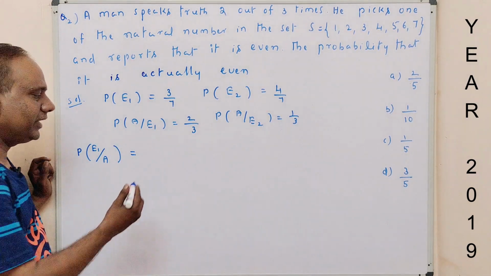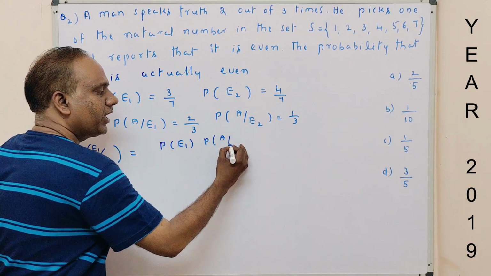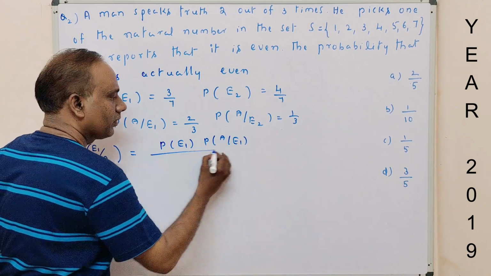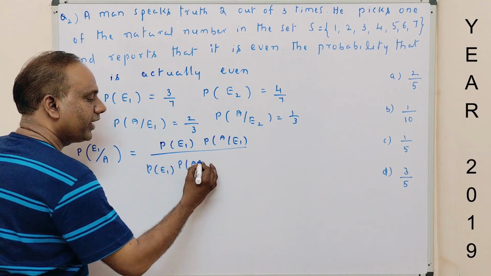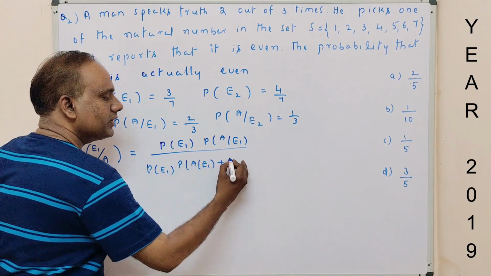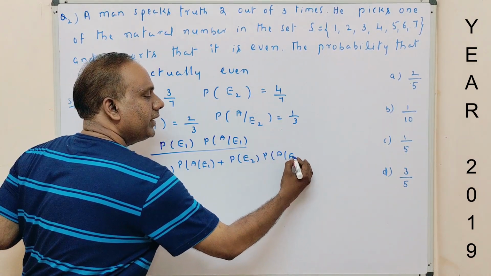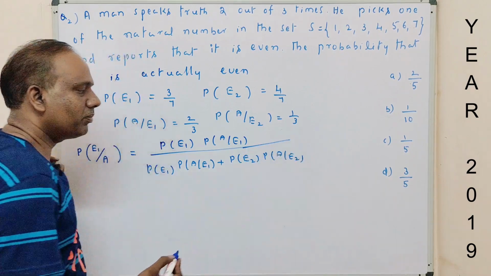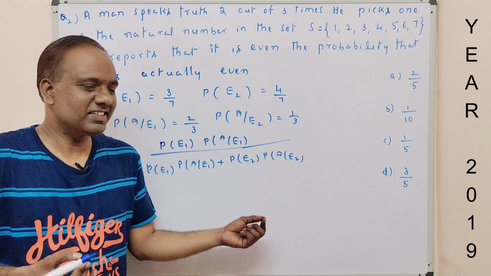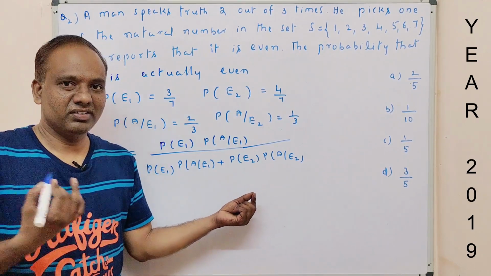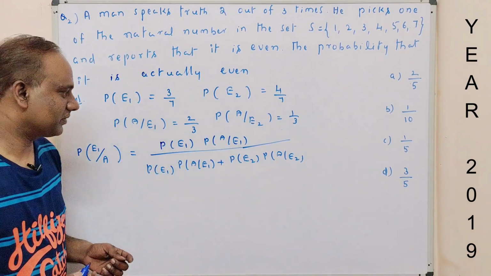So Bayes theorem formula is P of E1 into P of A by E1, divided by P of E1 into P of A by E1 plus P of E2 into P of A by E2. For easy reading, I am saying P of A by E2, please understand this.